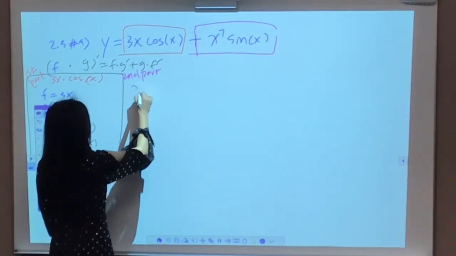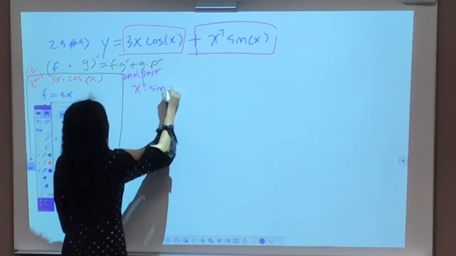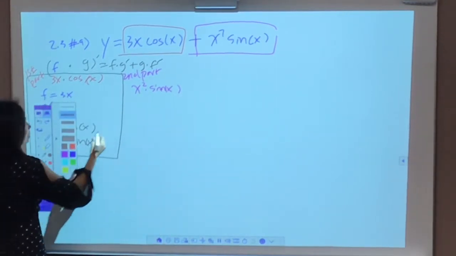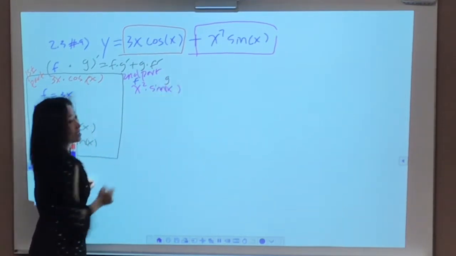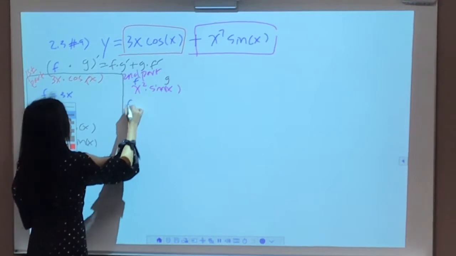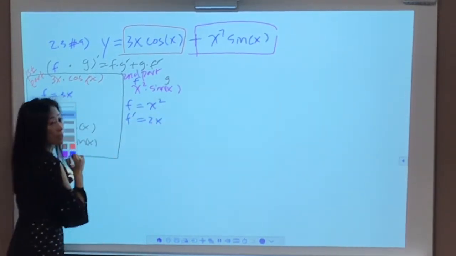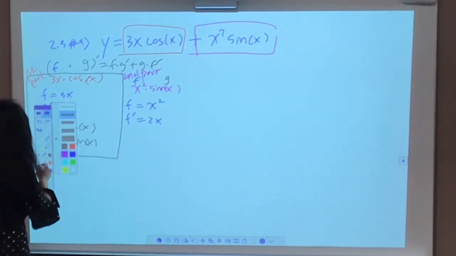So I'm gonna just rewrite the problem. X squared times sine x. So I'm gonna say this is my f, that's my g. Are you with me? So f is x squared, and f prime is what? 2x. Is it a 2 or a 6? 7. Or a 7? Oh, the 7, thank you, thank you, thank you.